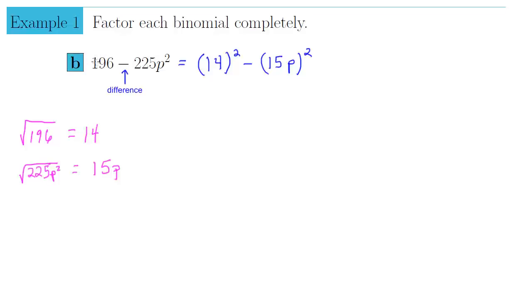The 196 is first, so you're going to write 14 squared first. The 225p squared is being subtracted, so you're going to subtract the 15p quantity squared. And then according to our difference of squares formula, you take the first quantity and subtract the second. So you'll get 14 minus 15p times 14 plus 15p. And then we've factored the polynomial.